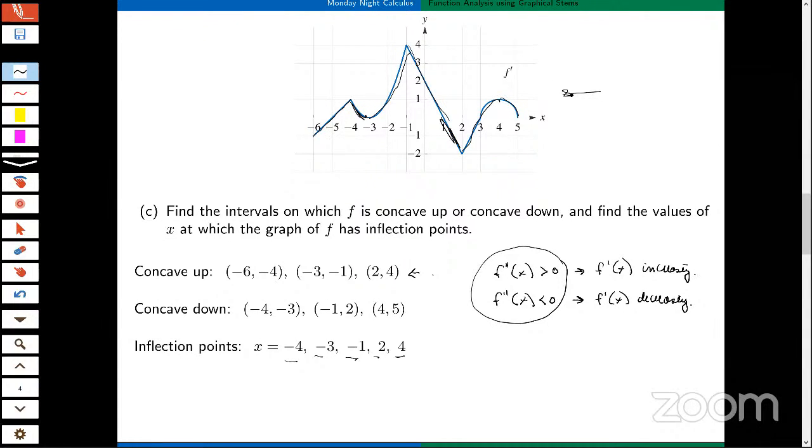Another common error here is when students see inflection points, not the x values, they're inclined to give us coordinate pairs. A common error is to look at the graph of f prime and give us something like -4, 1. Well, that's an ordered pair on this graph, but it's not really right, because this is certainly not the value of f.